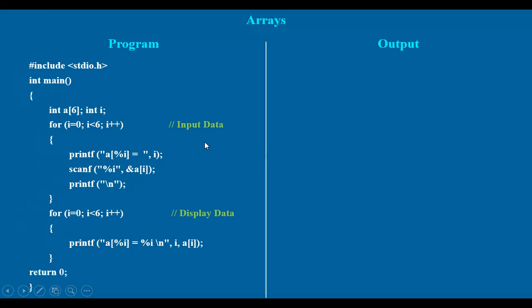Now, when you compile and execute, it asks initially for A0, it is equal to. Now, let us enter the data here, say 100. Again, this same for loop continues until you input all the values of the array. So A1, we give another value, A2, A3, A4, A5.